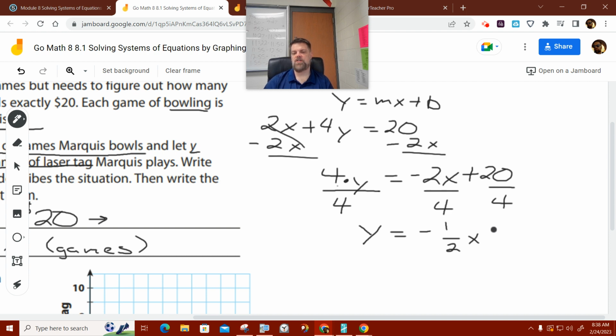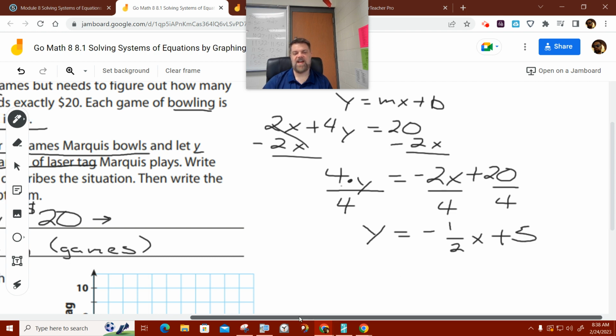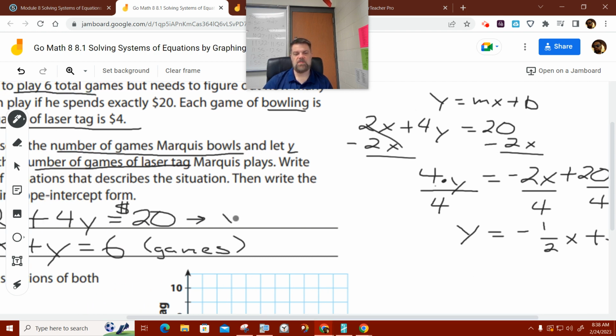What's 20 divided by 4? 5. Wow, you sung that. So then this equation becomes negative 1 over 2. Now, why did Mr. Adams put that negative in the top? Because it's a negative.